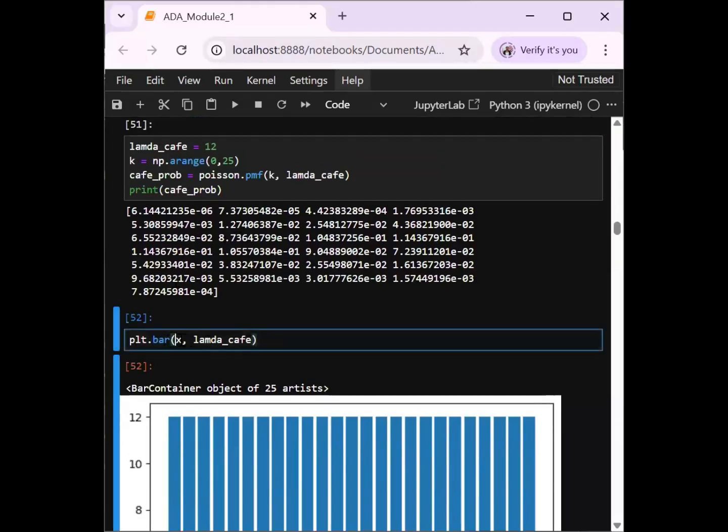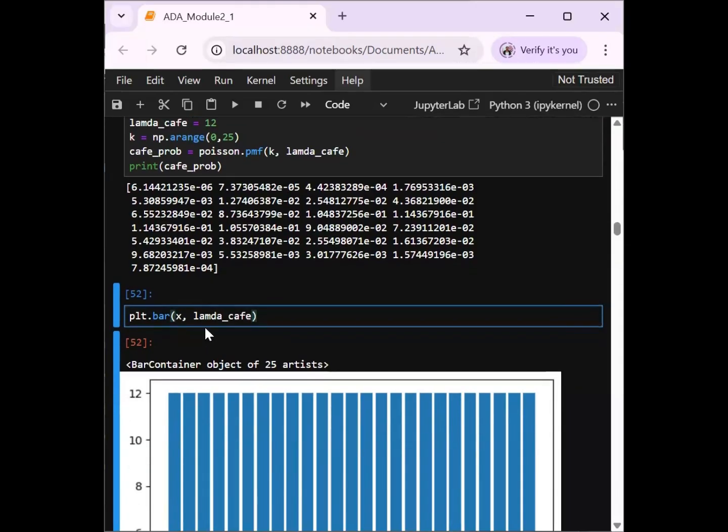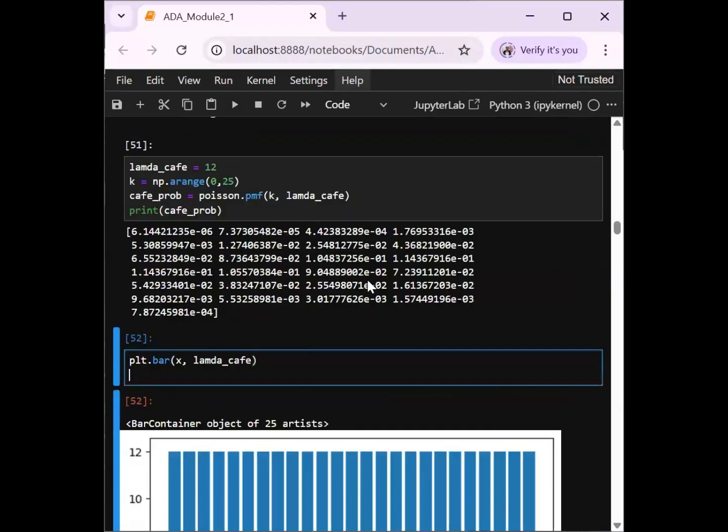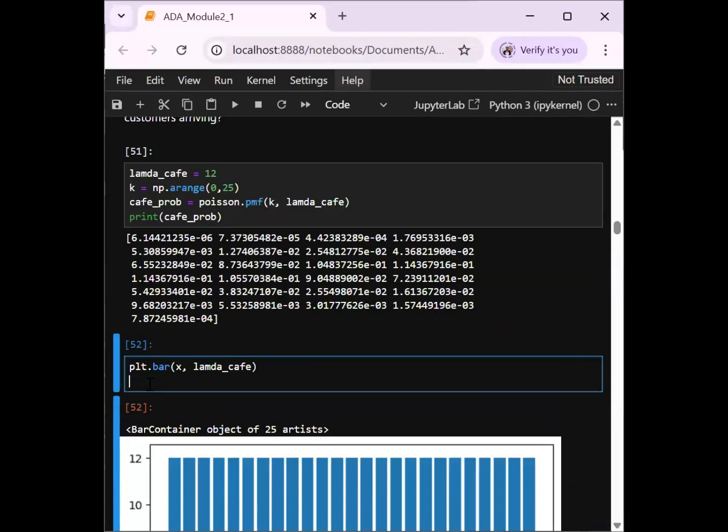All right, let me use Seaborn to see the difference and know what's going on. So sns, then we have barplot, and then we have our x and our lambda.